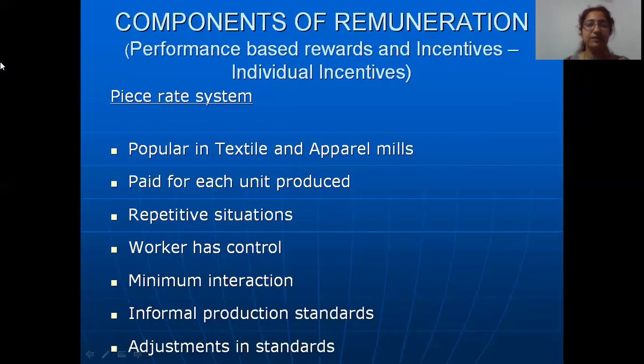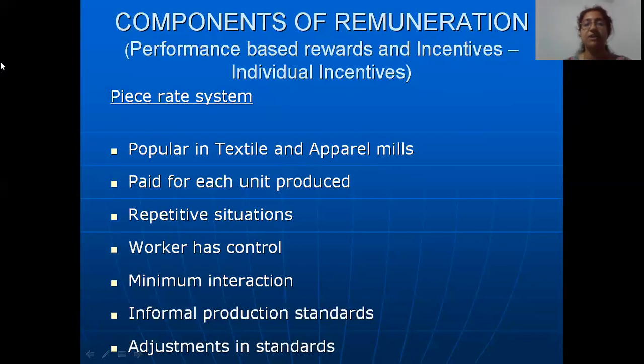Before, the standard was that for each unit you produce, you are paid some amount, let us say 100 rupees or 200 rupees. However, when your production increases, workers may fear that the management will think that, under certain conditions, these people are capable of producing so many products. So let me set the standard to 2 units.